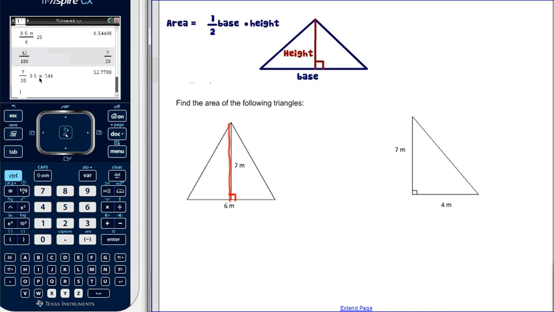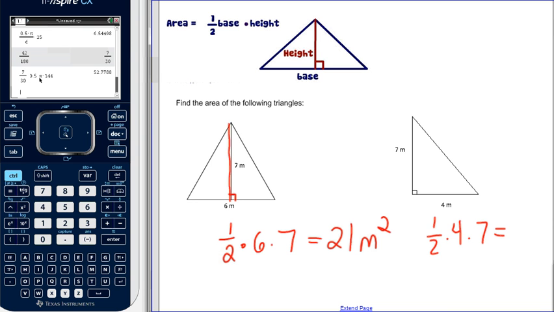So we can find the area of this triangle, 1/2 times 6 times 7, so that's 3 times 7, which is 21 meters squared. We can find the area of this triangle very easily, so 1/2 times 4 times 7, so 2 times 7 gives us 14 meters squared.